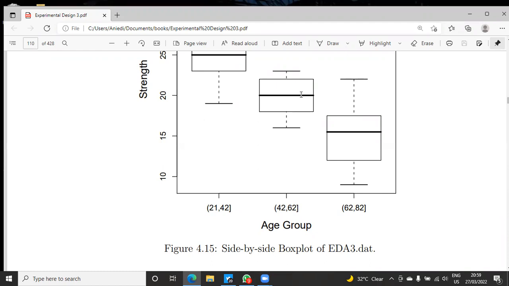Then this other box plot of people 42 to 62 years summarizes the lowest, the first quarter, the median, the third quarter, and the highest. So each box plot summarizes a population.